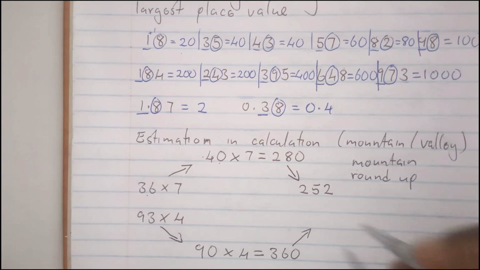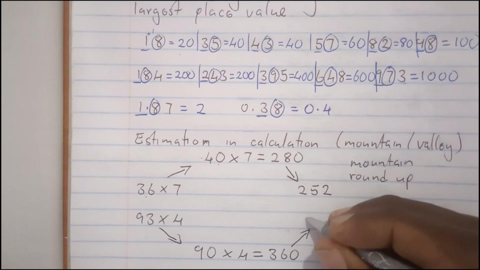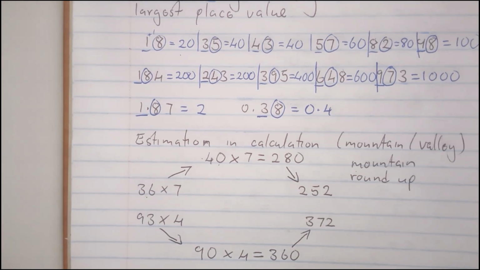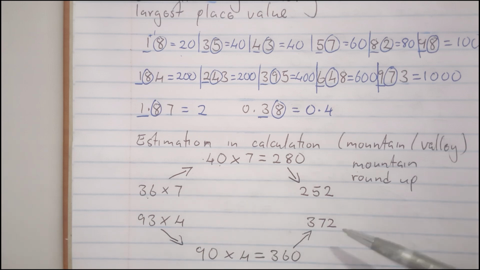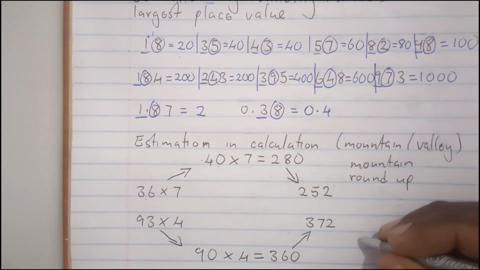If we finish our calculation, our answer becomes 372. If you've watched my partitioning video, you can see how easily I might have gotten some of these answers.